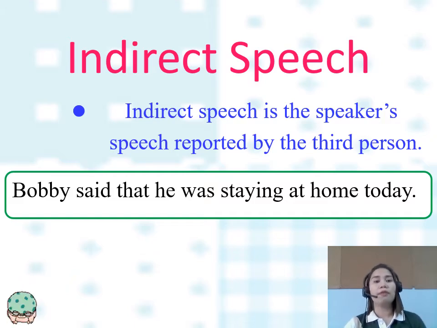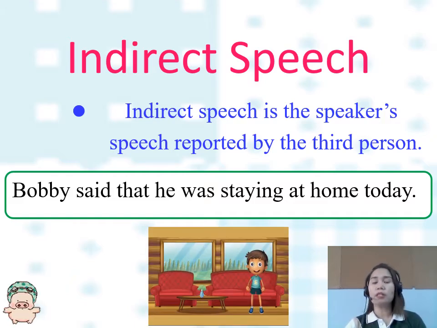So it is a restatement of what the speaker said. And notice that the quotation marks have been removed because the statement had been paraphrased. Alright, so that is indirect speech, the speech reported or paraphrased by the third person.